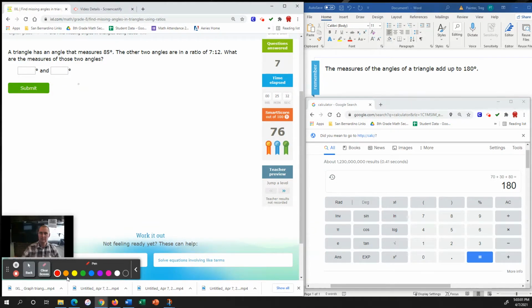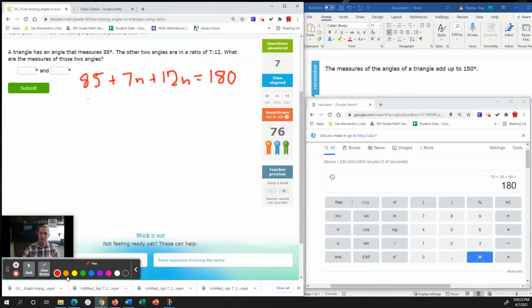All right, here we go. We have 85 plus 7n plus 12n equals 180 degrees. Why? Because 180 degrees is the number of degrees in a triangle.